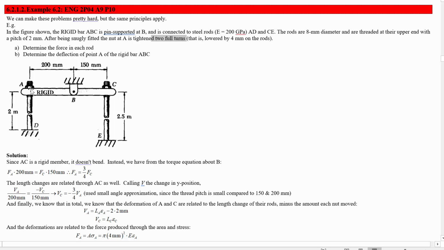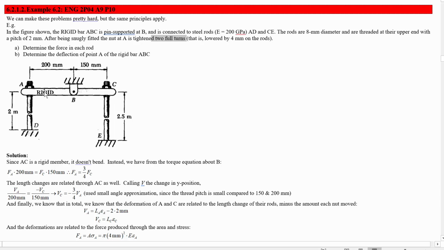So we lower this end of the rod by 4 millimeters, or equivalently, we put enough tension in it so that there's some kind of balance, right? Really, if we tighten this 2 more turns, we're going to have some tension in this thing and some tension in this thing so that they're going to balance.